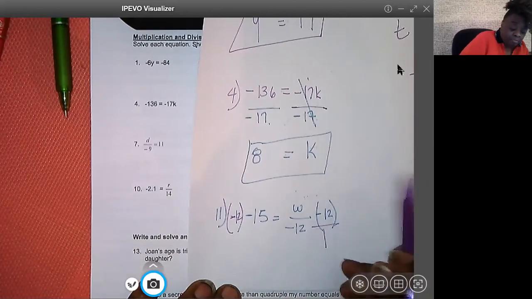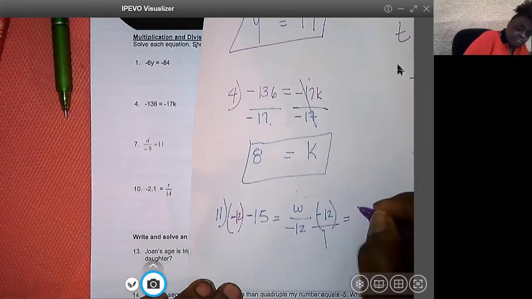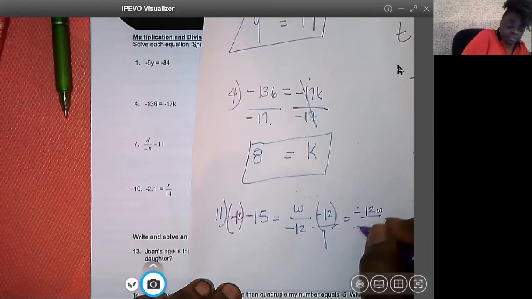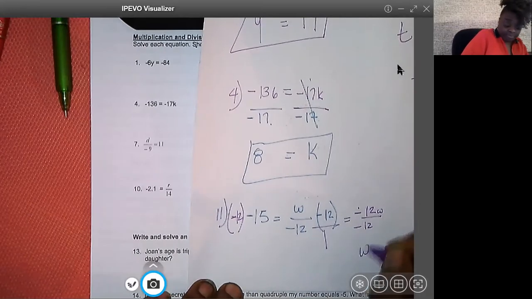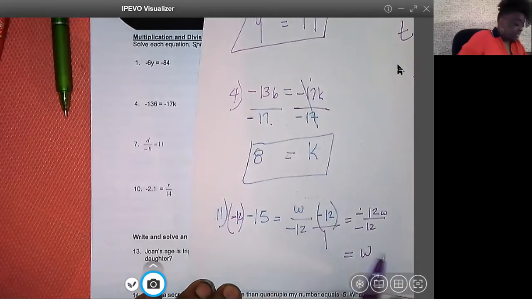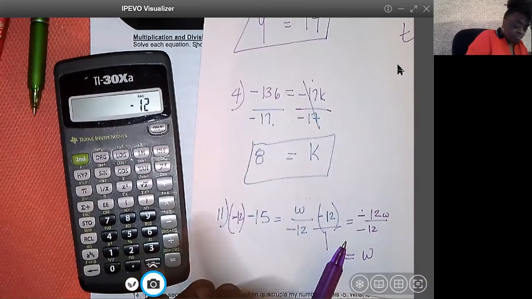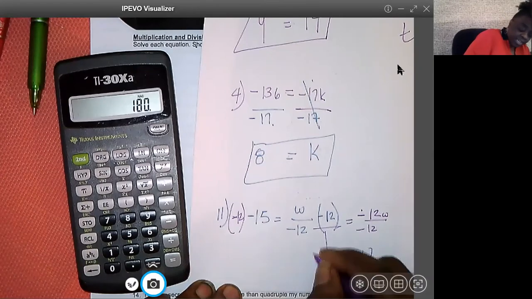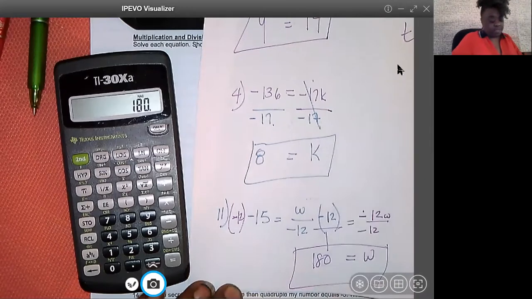So we have negative 12W over negative 12, which gives us a positive W. And then on this side, we have negative 12 times negative 15, which gives us 180. So our solution is 180. W equals 180.